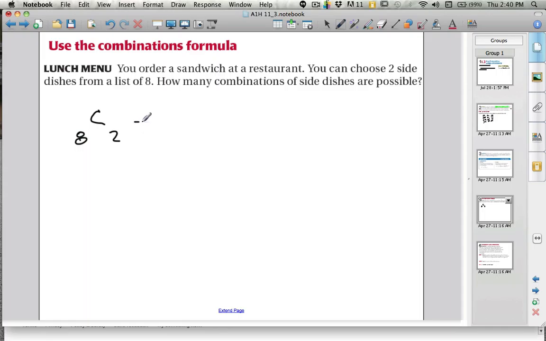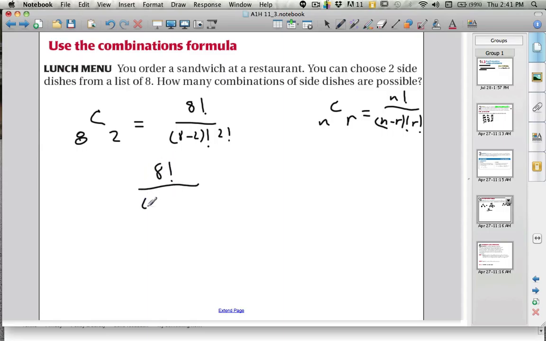Remember that combinations of n items taken r at a time is n factorial over n minus r factorial times r factorial. So I'll have 8 minus 2 factorial times 2 factorial. So this is 8 factorial over 6 factorial times 2 factorial. If I break down 8 factorial, it's 8 times 7 times 6 factorial.